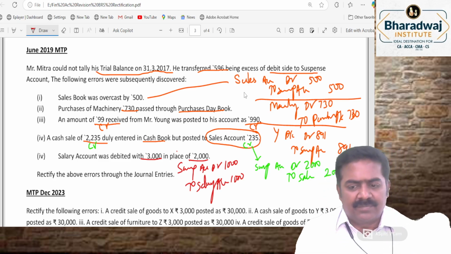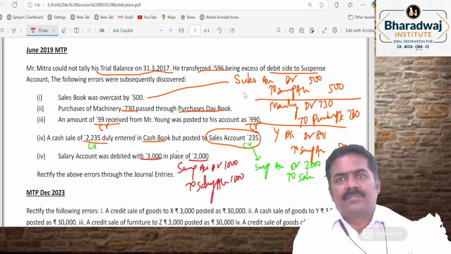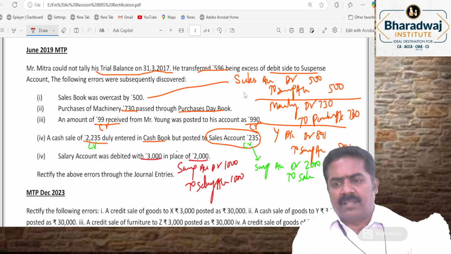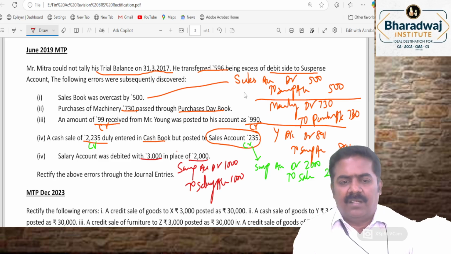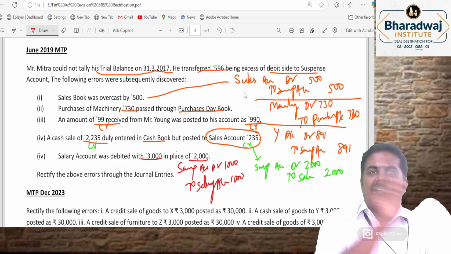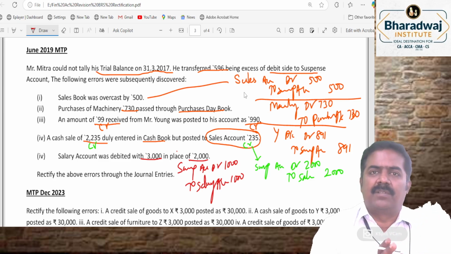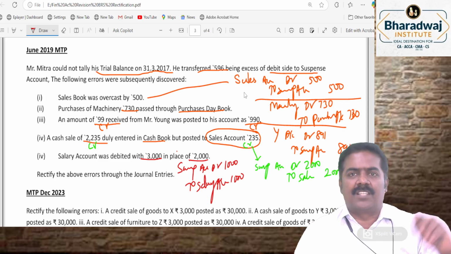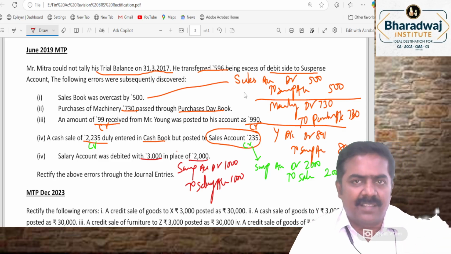Sir, if we do that, can we transfer it to the debit side? Put it on suspense and debit. Excess debit is on the credit side. If the debit side is more than the credit side, the suspense will be on which side? If the debit total is more than the credit total, the suspense account will be on the credit side.